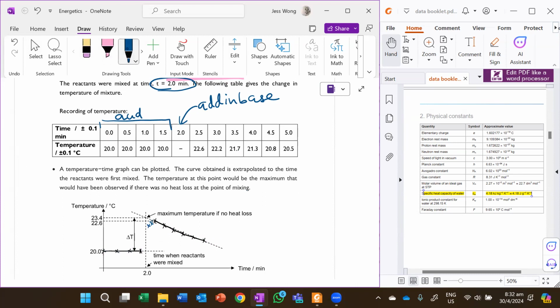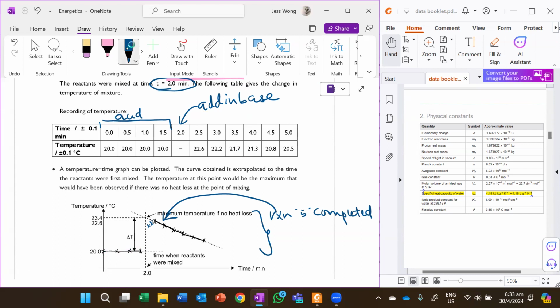And then after a while, it starts to drop. The point when it starts to drop tells us that the reaction is completed, because there's no more energy produced by the reaction.